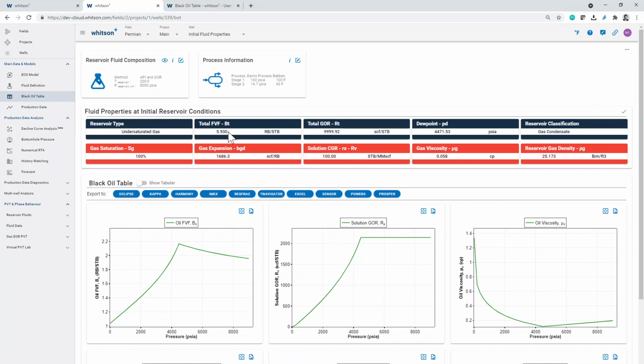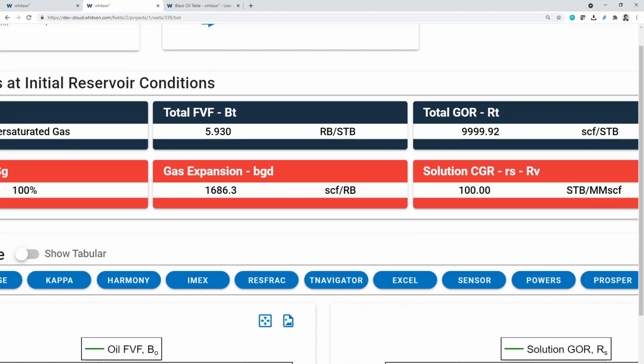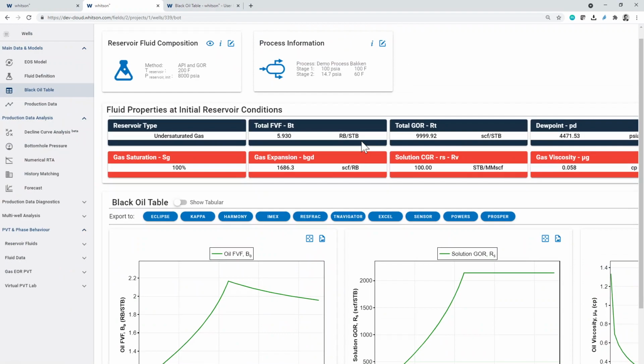The total formation volume factor is simply the BGD divided by this RV term right here. And that gives us the same units as the oil formation volume factor, which is reservoir barrels per stock tank barrels at surface. This is typically a number higher than 4 for gas condensates, and the more near critical you get, the lower it becomes, and the leaner you get, the higher it becomes.